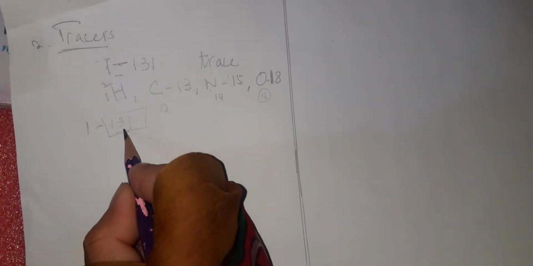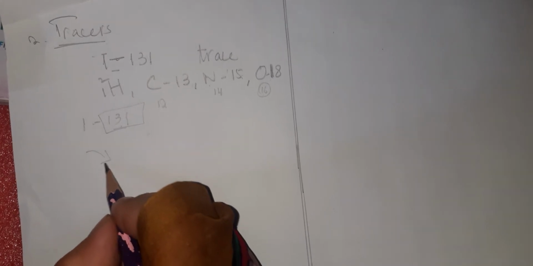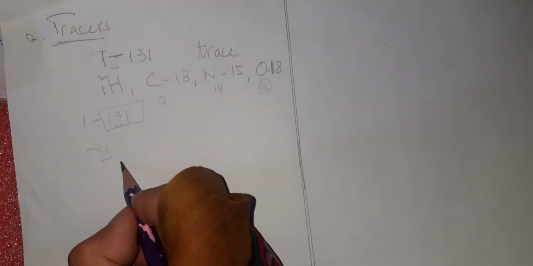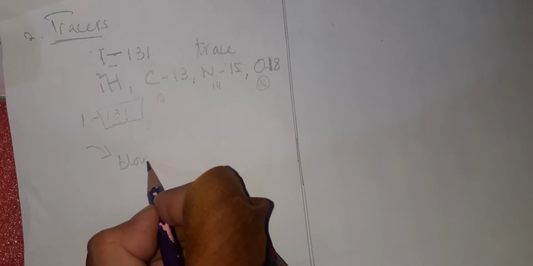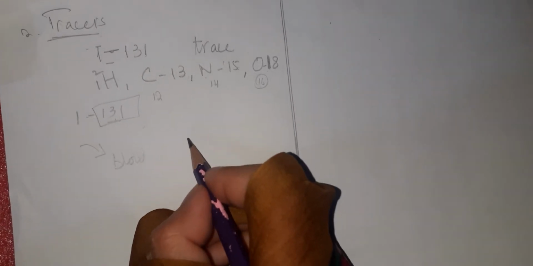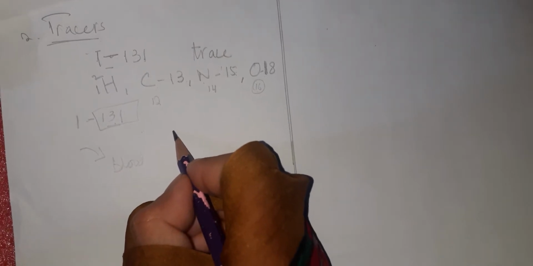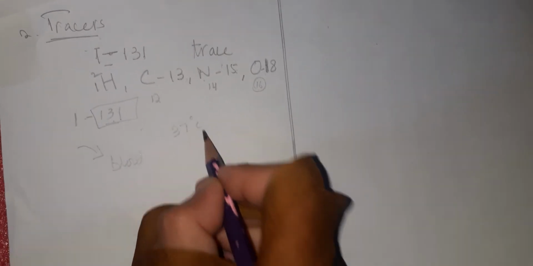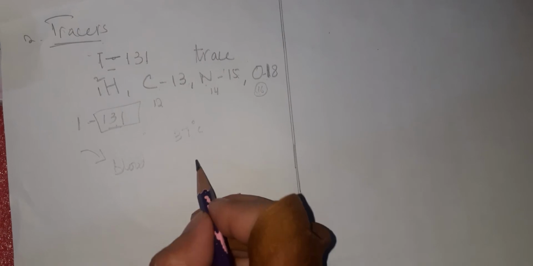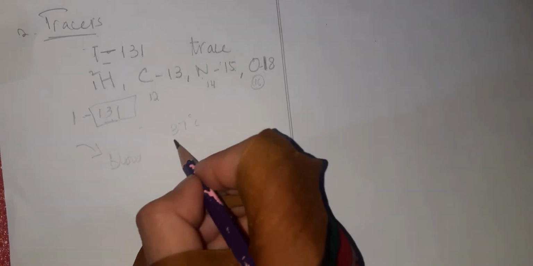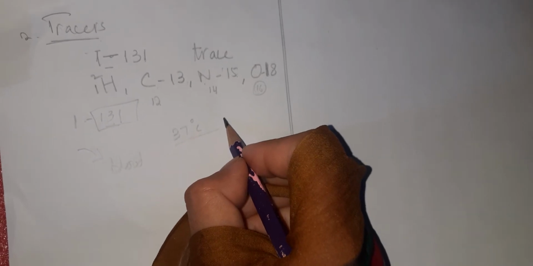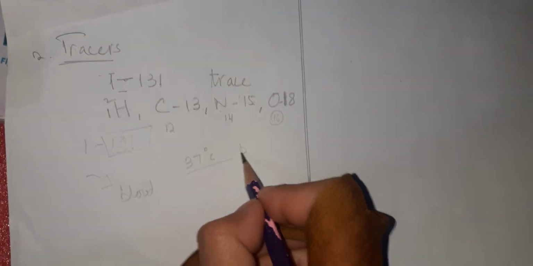For example, we have taken the capsule. It goes to the stomach, is absorbed, and is mixed into the bloodstream. Then all parts of the body have the same body temperature, same pH, suppose 37 degrees Celsius. At 37 degrees Celsius, the color of the isotope which we have taken is blue, just suppose.